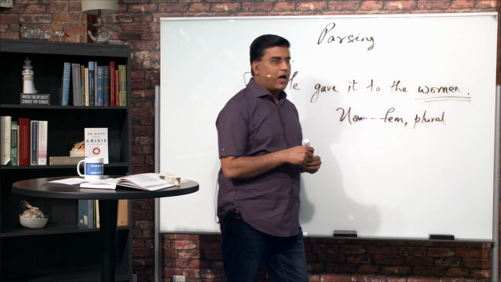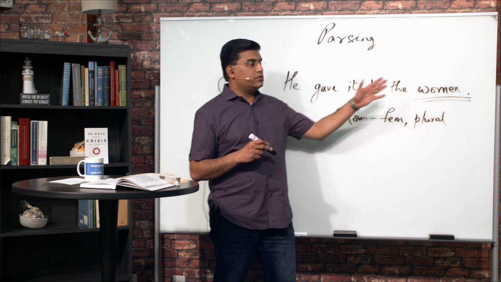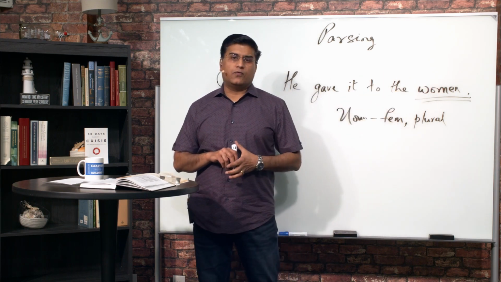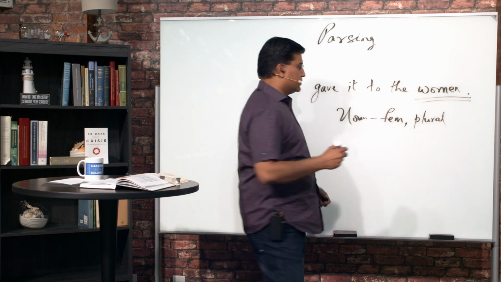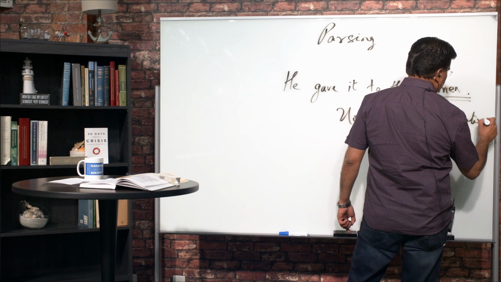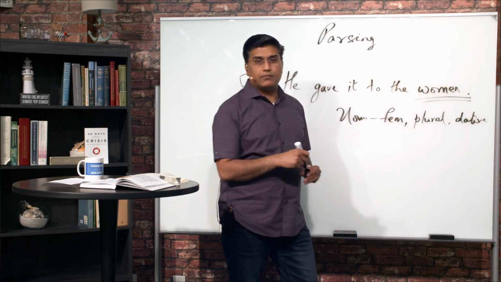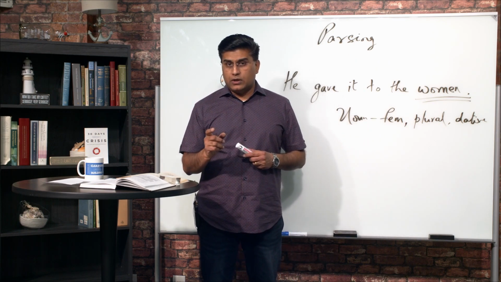And then, how is it functioning in the sentence? To the women. Remember, 204 is a dative. Okay? So it's feminine, plural, dative, noun. So that's how you parse a noun.